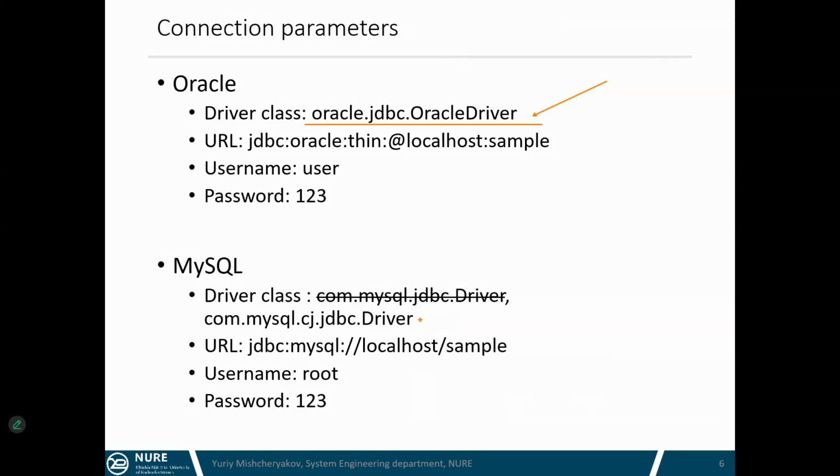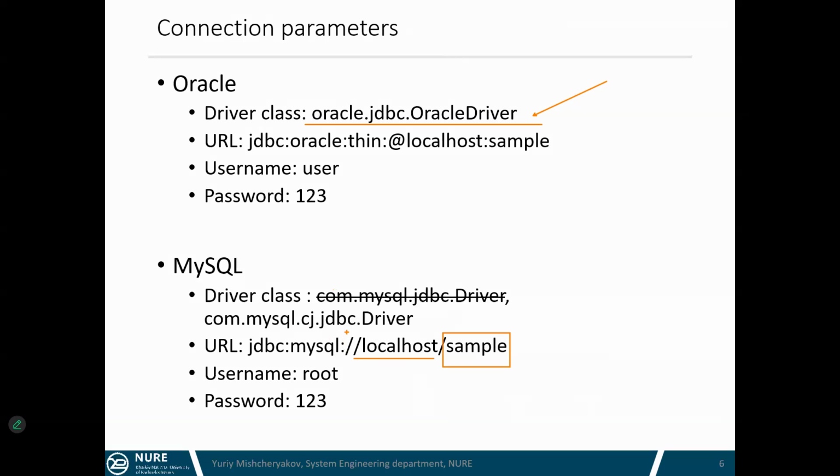Except the driver, you need to have a URL. You must know how to connect: the name of the database and its address. If you start your database on your local machine, not another machine, you use localhost.